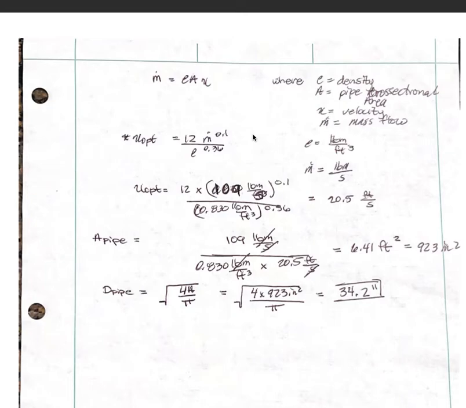But anyway, the density is supposed to be in pound mass per feet cubed, and the mass flow rate has to be in pound mass per second, which we already calculated. So we plug in 12 times 109 raised to the 0.1, divided by 0.830 raised to the 0.36, which gives you 20.5 feet per second.